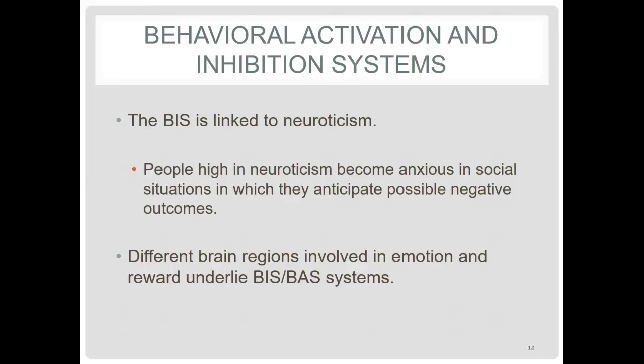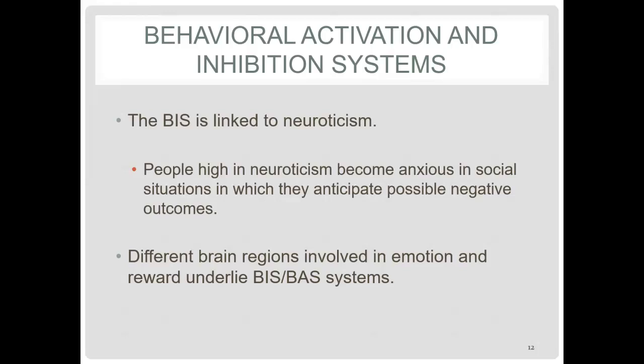The behavioral inhibition system is linked to neuroticism, but also introversion. So people high on neuroticism become anxious in social situations and tend to anticipate negative outcomes. And so this could explain the correlation, on the Big Five trait theory, between neuroticism and being low on extroversion.